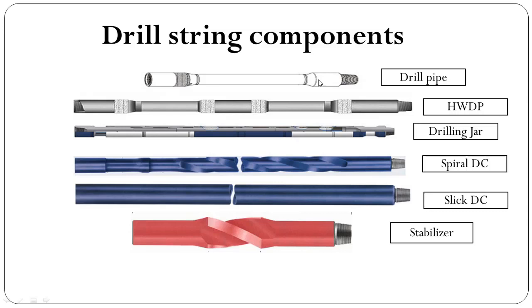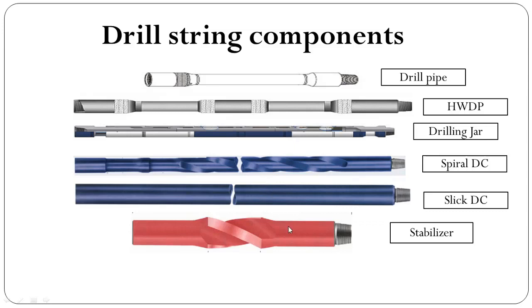So the tool joint of the drill pipe will not be able to sustain that stiffness. So this transition is provided by heavyweight. This heavyweight is heavier than drill pipe but lighter than drill collar.